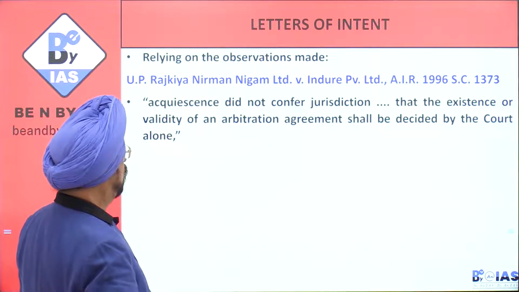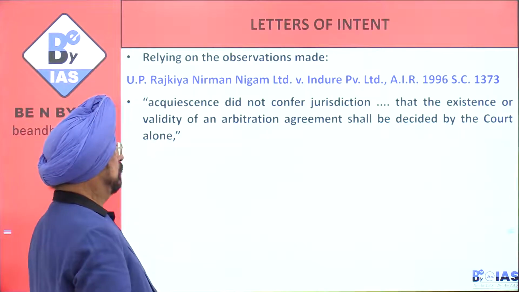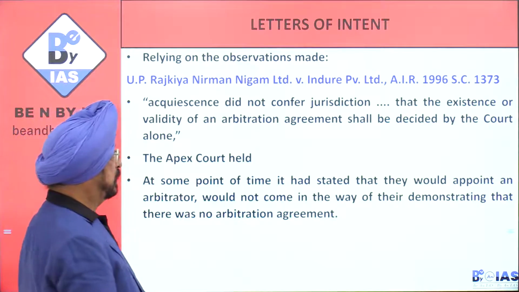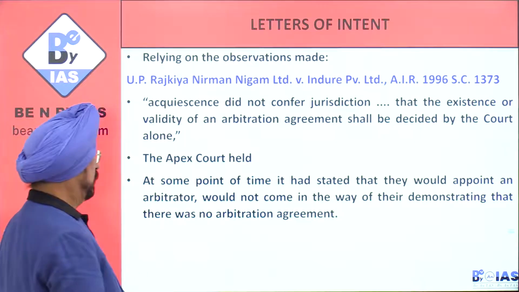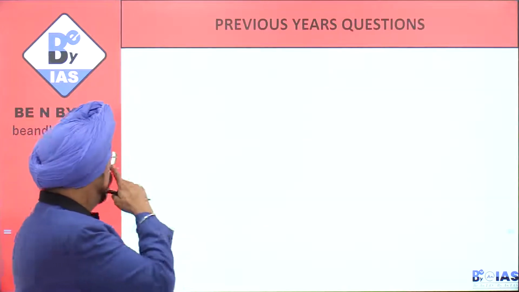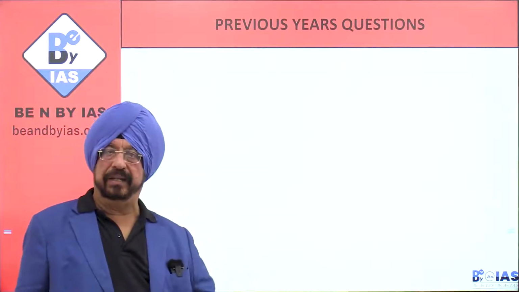Acquiescence did not confer jurisdiction that the existence or validity of an arbitration agreement shall be decided by the court. At some point of time, it had stated that they would appoint an arbitrator. Isme mat jao bhi. We'll see at that time. Okay? So, previous year's questions, friends, we will take up at the end.